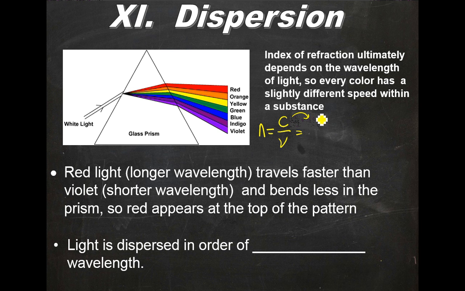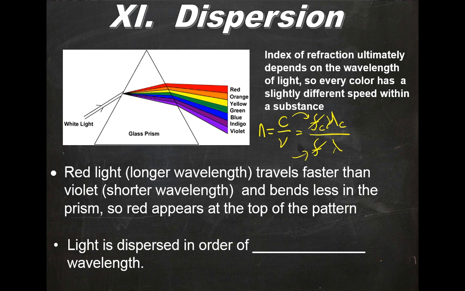So I could rewrite this as the frequency of the light in the vacuum times the wavelength of light in a vacuum divided by the frequency in that new substance times the wavelength of light in that new substance. Well, frequency is going to remain the same here, so these frequencies cancel out when light goes into a new medium. So really the index of refraction is based off of the wavelength change, or the ratio between the wavelengths.